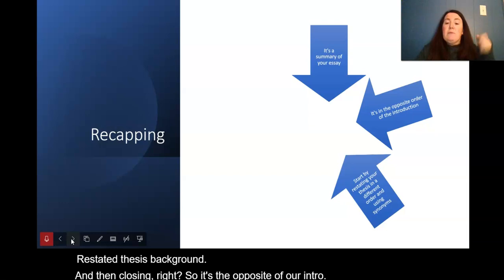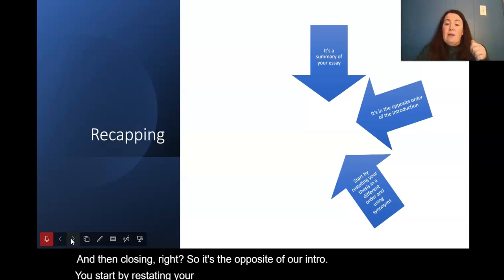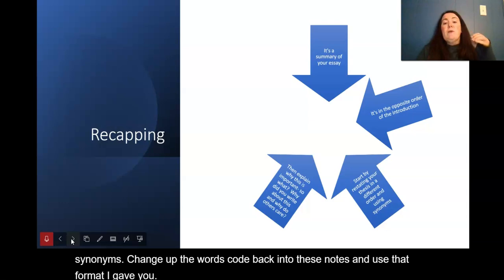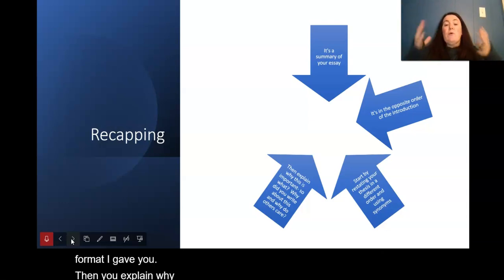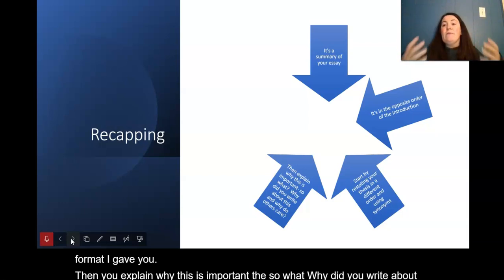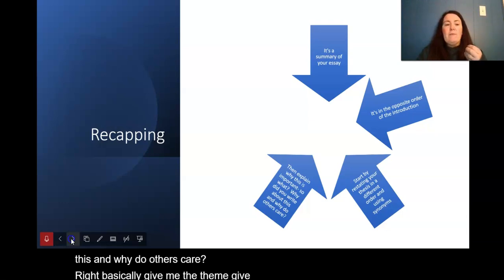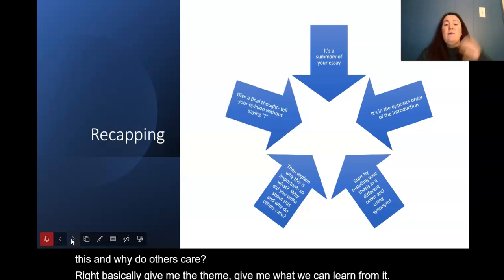You start by restating your thesis in a different order and using synonyms, change up the words, go back into these notes and use that format I gave you. Then you explain why this is important, the so what. Why did you write about this and why do others care, right? Basically give me the theme, give me what we can learn from it. And then you give a final thought.